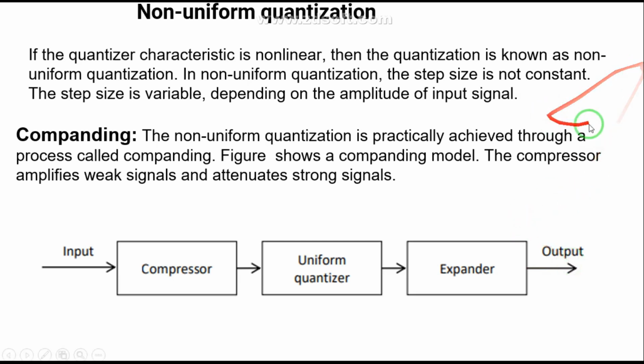In this, weak signals are amplified and the strong signals are attenuated before applying them to this uniform quantizer. So first the compressor is going to amplify the weak signal and attenuate the strong signals. This process is called compression, and this block is the compressor, which provides the compression.